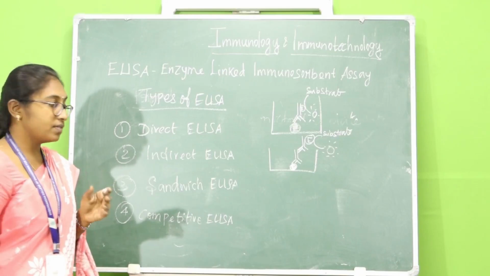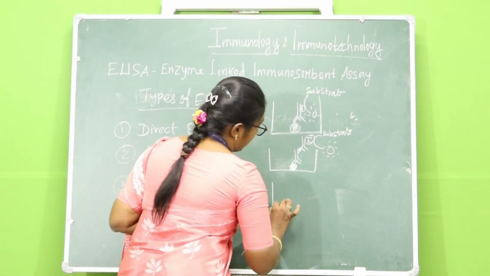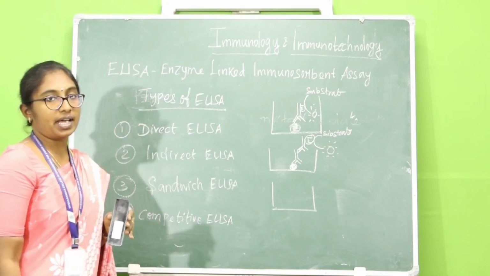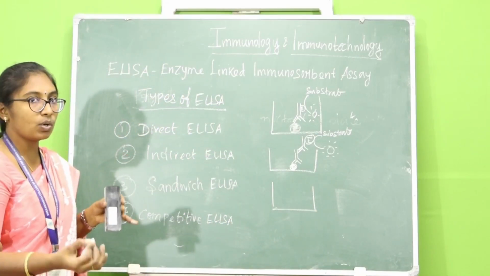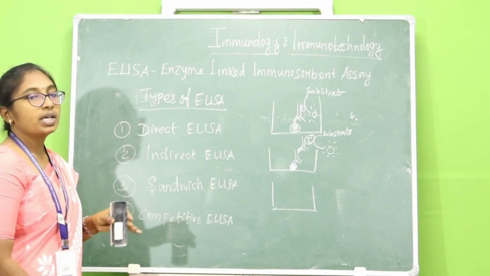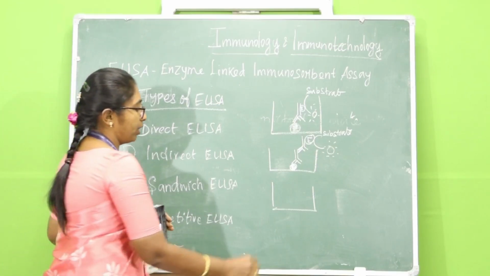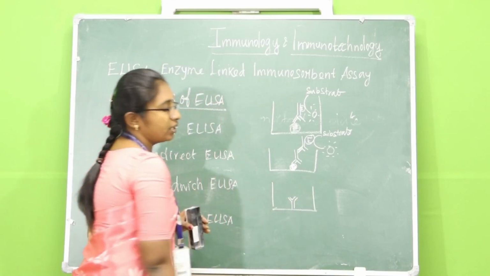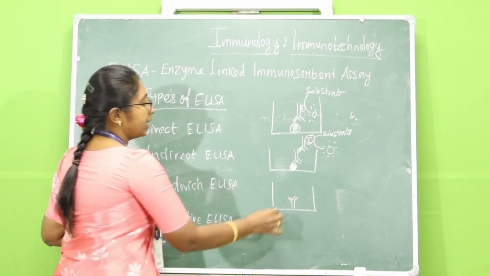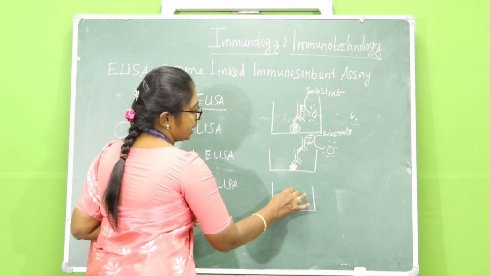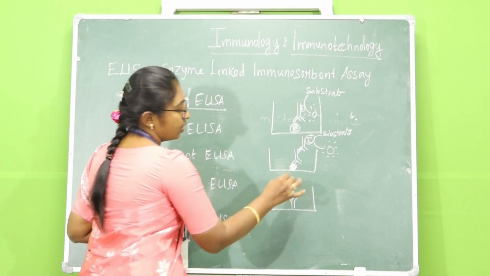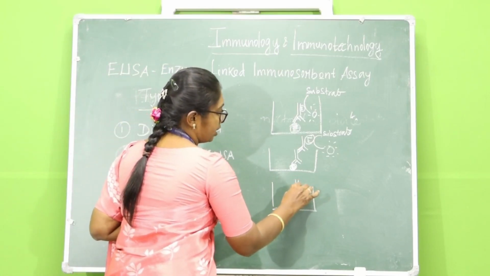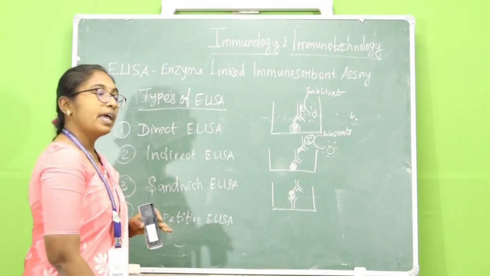Then what is sandwich ELISA? In sandwich ELISA, we have the role of a capture antibody. This capture antibody will hold the antigen. To this antigen we will add a primary antibody which is not linked with the enzyme.